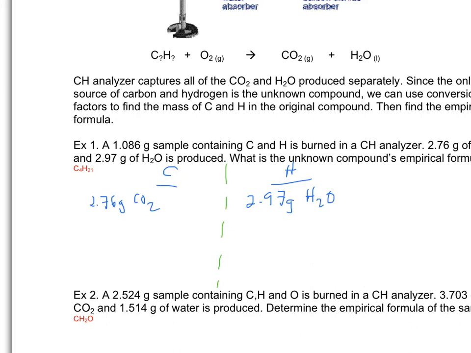So if I times this by 27.3%, or in your calculator, you're going to times it by 0.273, that's going to calculate how much of that carbon dioxide was actually carbon. My calculator tells me it's 0.75348 grams.